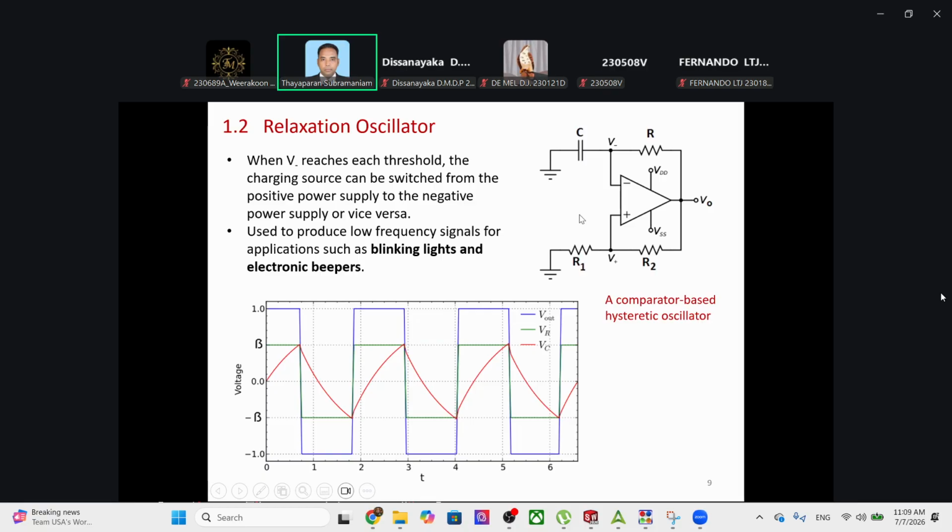Right. So relaxation oscillators' applications are blinking lights and electronic beepers. The problem is when you switch on the power supply, most of the time you don't focus on this, because in the lab we use a power supply connected to our AC outlets.